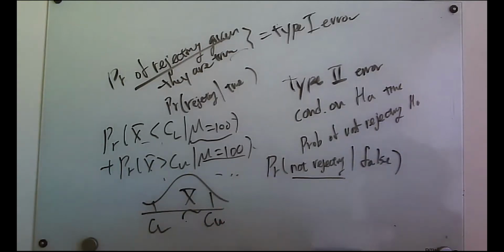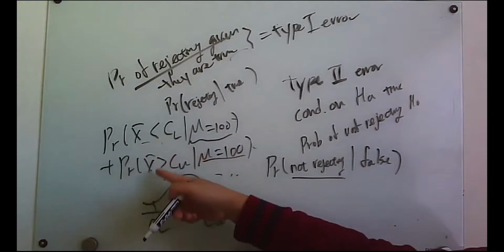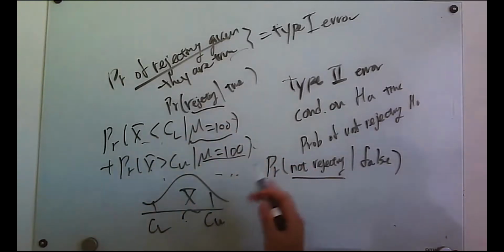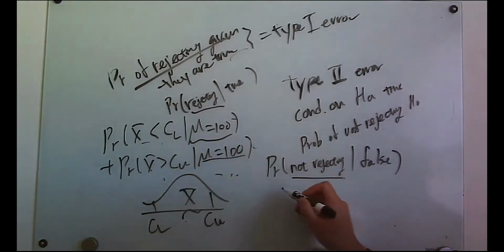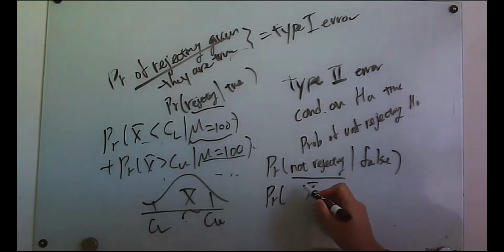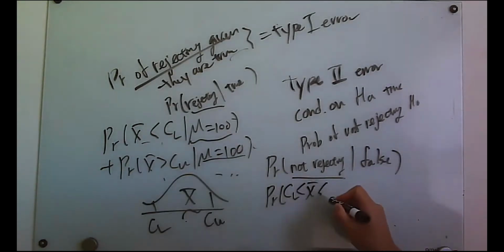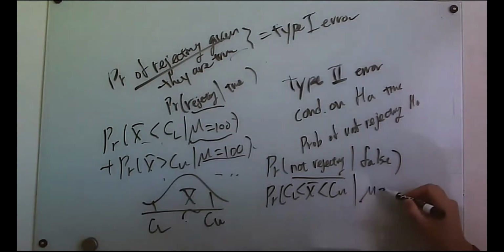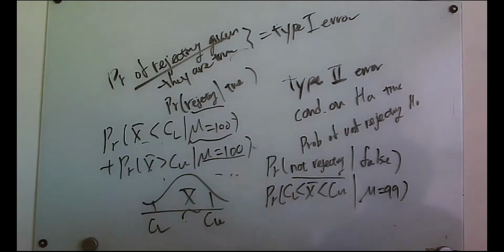But if it's outside like that, then you reject. So the probability of non-rejecting is X bar between CL and CU, given they are false. False is like 99 in this case, because mu 99 means the true value equals 99.